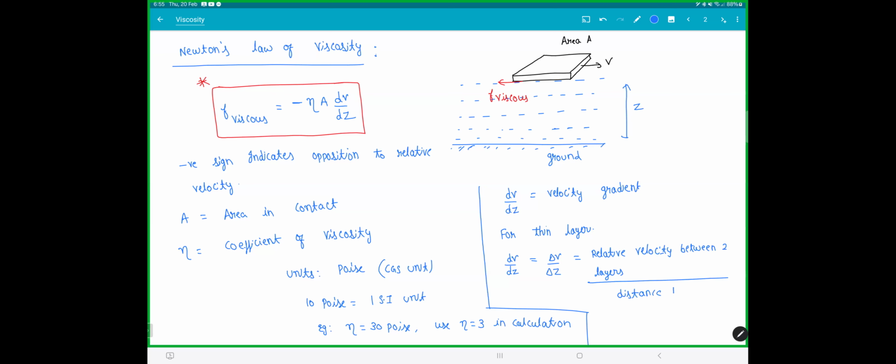I'll show an example. So it's like V2 minus V1 by Z2 minus Z1. Have a look at this page.